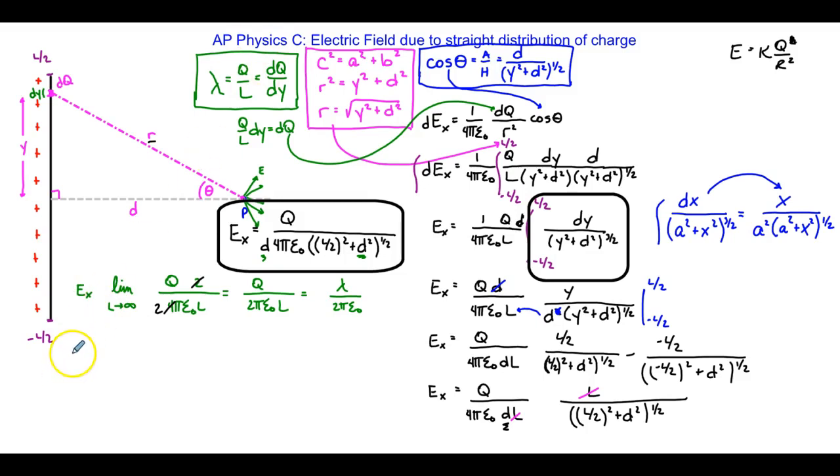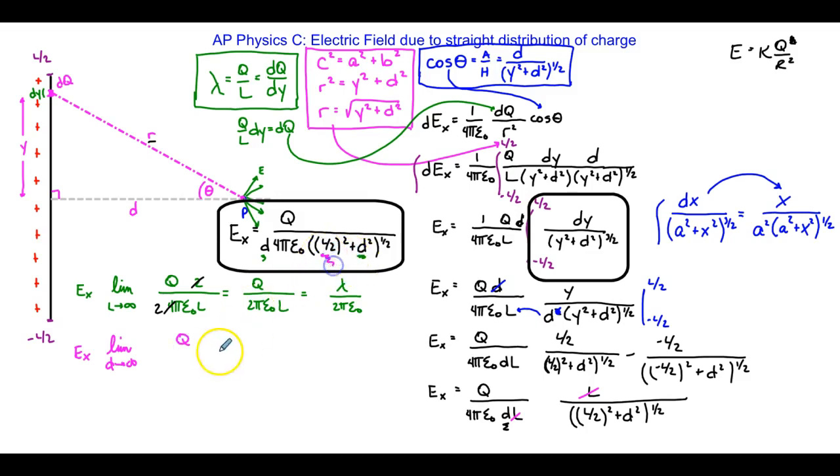What happens to the electric field in the x direction if, on the other hand, d approaches infinity? So let's take the limit of that expression as d approaches infinity, and let's go ahead and write down our starting point. We get L over 2 now not becoming important, so we get q.